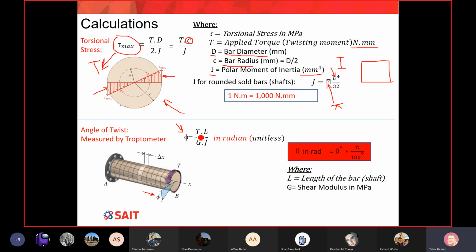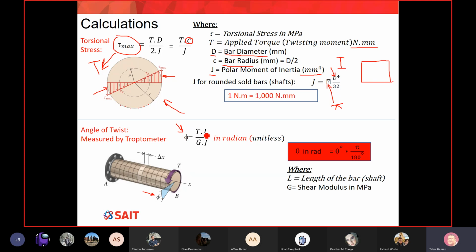Under the same twisting moment, do we get more twist angle or less? Less, because my member becomes more stiff, and when it becomes more stiff, you get less angle.